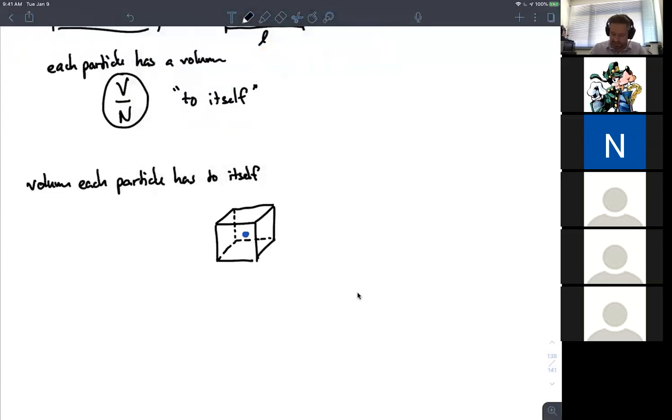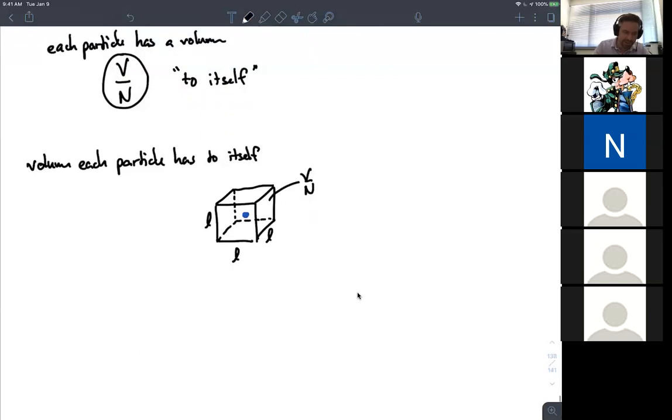The volume of this little box is V over N, and if I imagine this is a cube, that tells me the dimensions of my unit cell. So this density defines a length scale, L, that is (V over N) to the 1/3. Does that make sense?